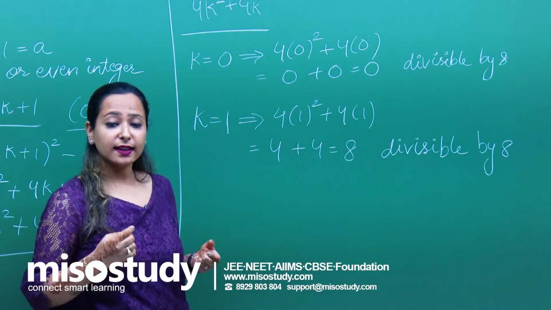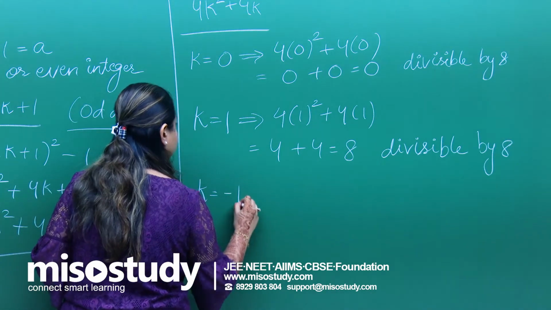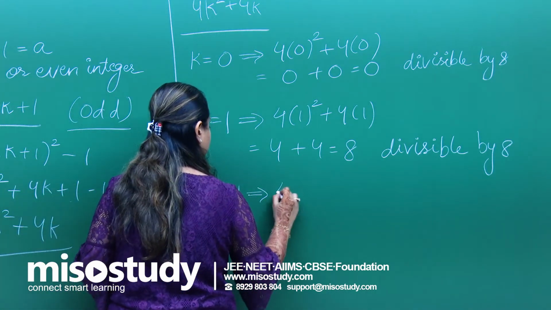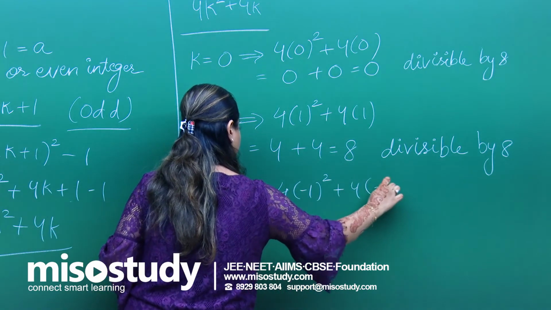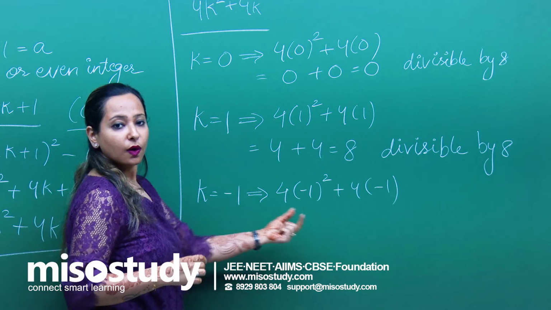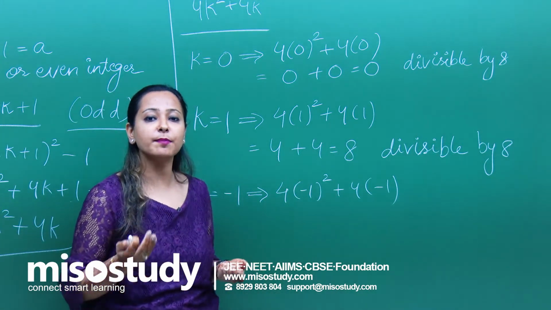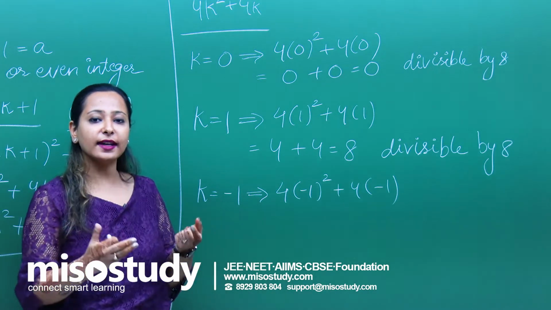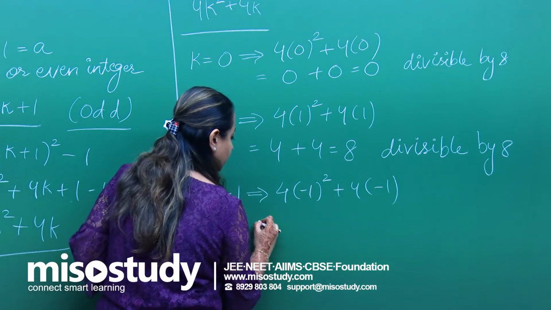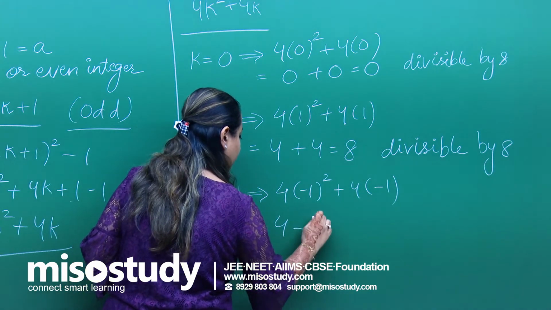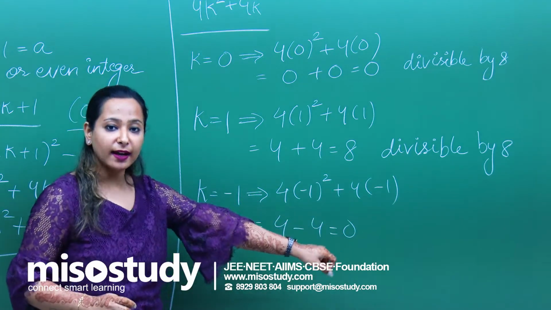Now let's take k as minus 1. Anything raised to power 2, if you have a negative number, it will become positive, because when you multiply minus and minus, you get a positive digit every time. So this is 4 minus 4, you get 0. Again 0 is divisible by 8.